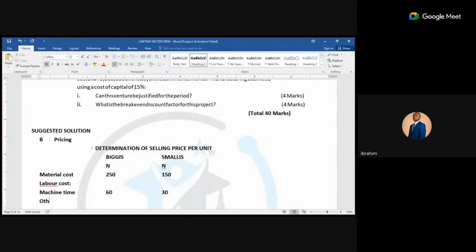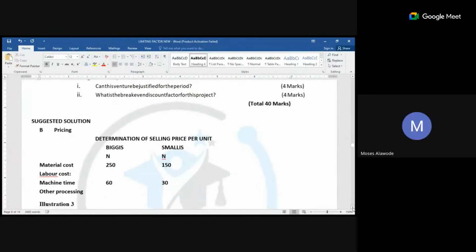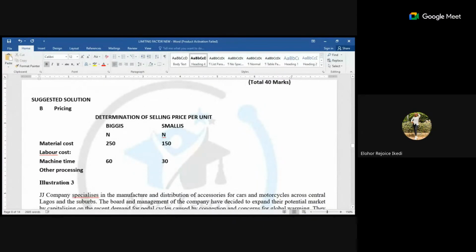Order processing. What do we have here for the order processing? 40. What do we have here? The other one is 50.